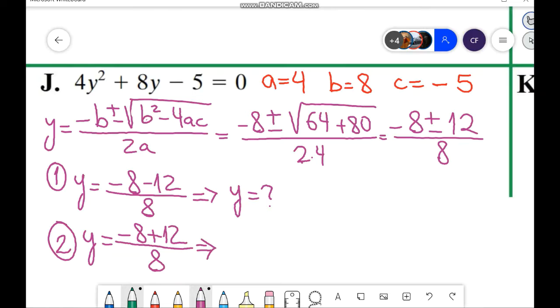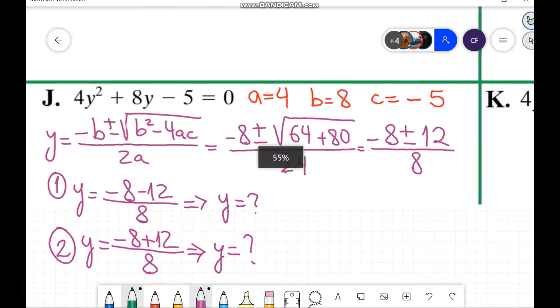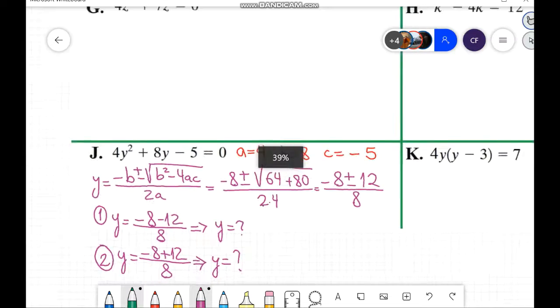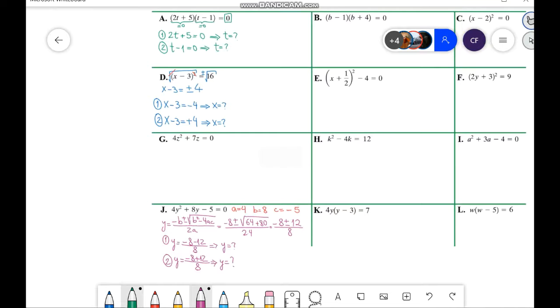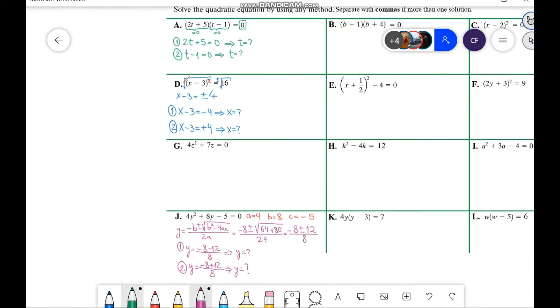And this is y equals, you can complete. Let me zoom out. You can zoom out by yourself. You can write your answers and share with me. I need you to complete the answers for A, D, and J. Okay, you're gonna leave it there. Access whiteboard and share your solutions.